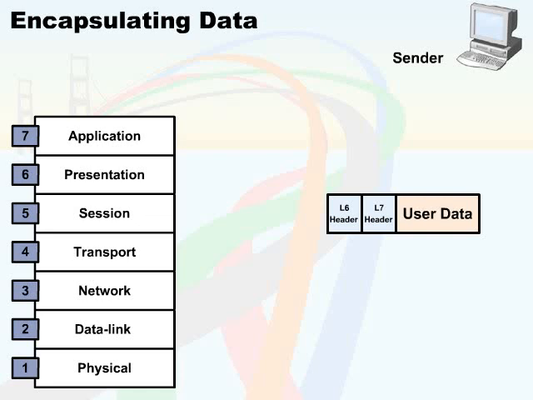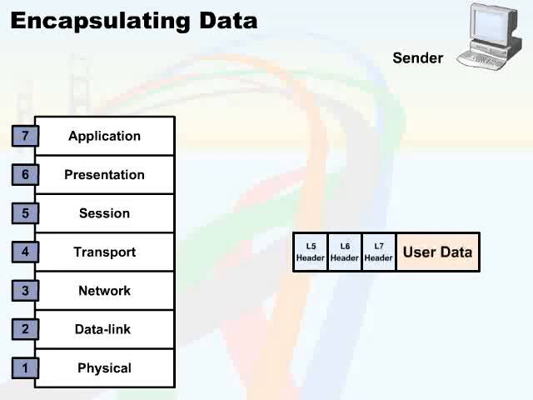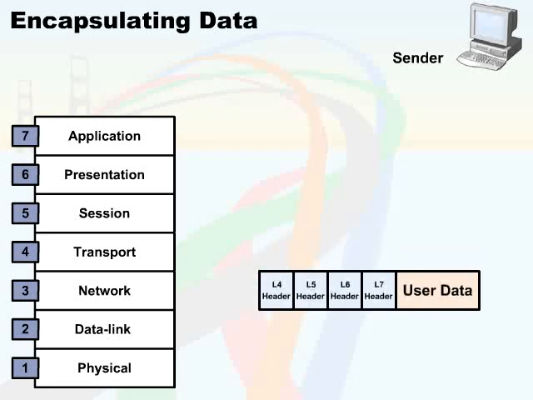Layer 5, or the session layer, will set up, maintain, and finally terminate my session once I'm through with my conversation. The layer 5 header is added, and this data is then passed down to layer 4, where typically some sort of port is utilized to access the target application or establish the connection between the two applications. The layer 4 header becomes data to pass down to layer 3, where routing and addressing occur.